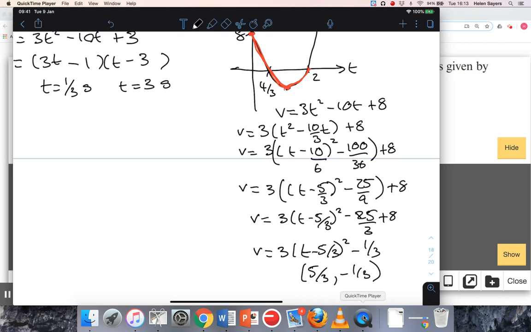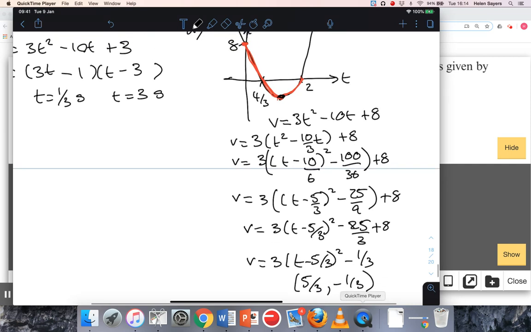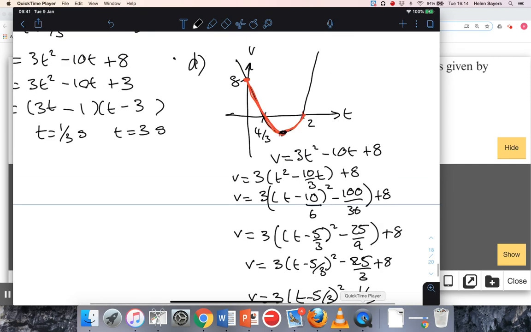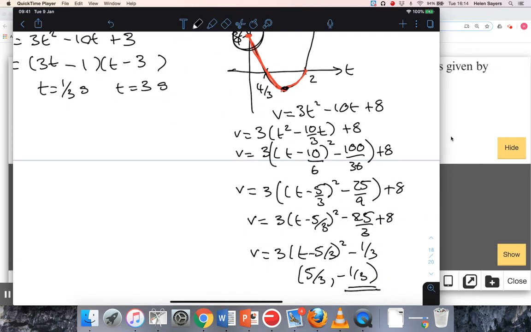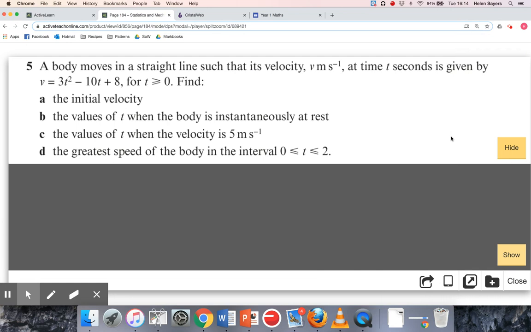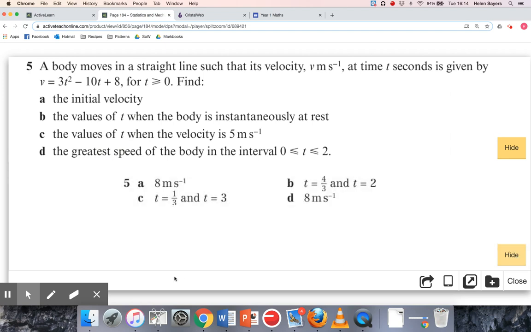So after all that, it turns out no. The lowest velocity here is minus 1/3 meters per second, so the speed is 1/3 meters per second. That's not greater than the velocity we had here. So going back to that, our actual final answer to D after all that is just 8 meters per second. Just double check those answers. Yeah, that's all good.